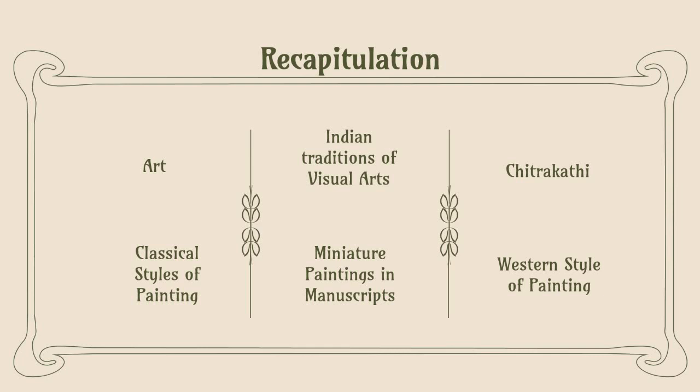Then we also looked at the classical styles of painting, miniature paintings in manuscripts, and Western style of paintings. We learned that art underwent many changes over a period of time, since the Mughal time to the British influence in India, in its colors and textures.